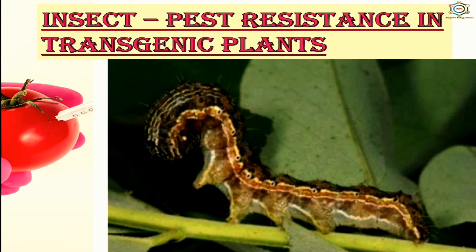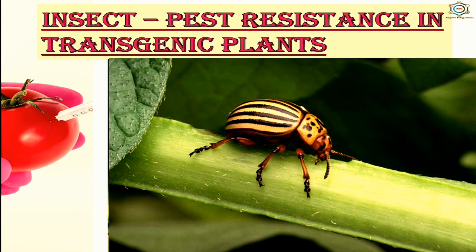Biotechnologists have been able to isolate the gene responsible for the production of toxin and introduce it into a number of crop plants using Agrobacterium Ti plasmid mediated transformation. The new genetically modified Bt cotton is resistant to the bollworm complex, that is specific caterpillar pests.